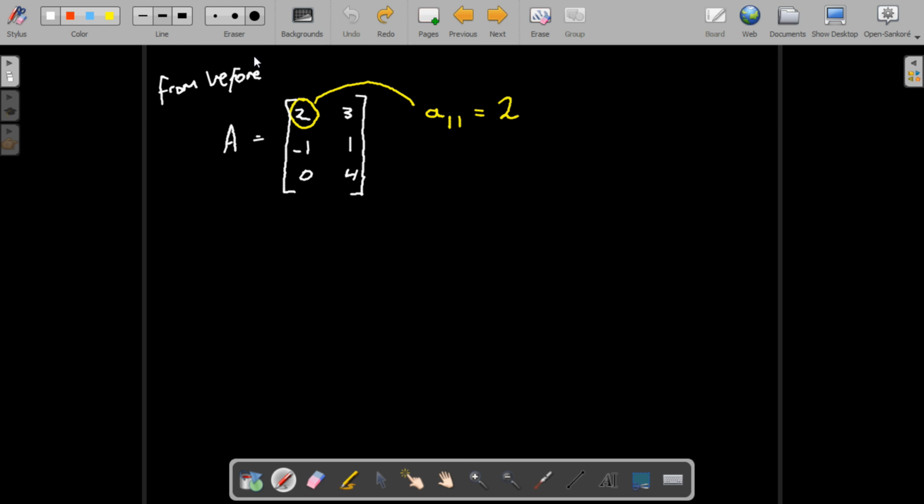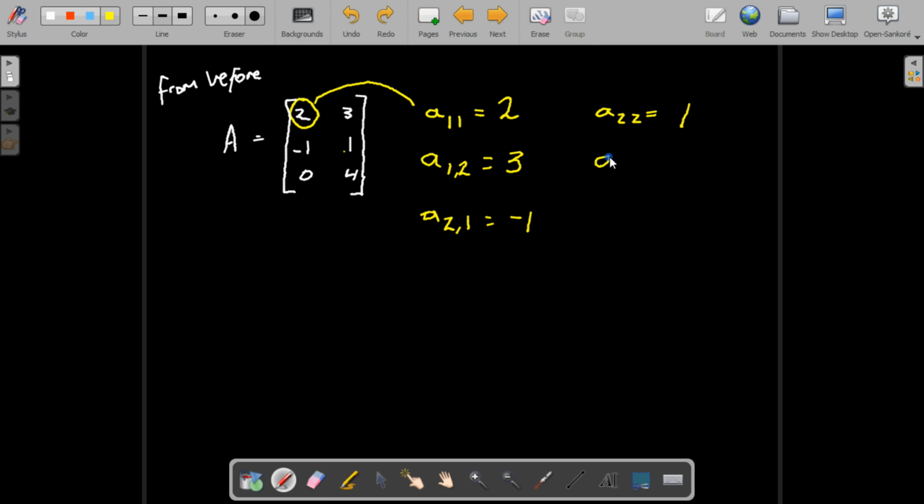So this is kind of summarising what I was saying before. a_12 would be row 1, column 2, so that would be 3. These are all elements. If I had a_21, row 2, column 1, that would be minus 1. a_22, as I said before, row 2, column 2, will be 1.